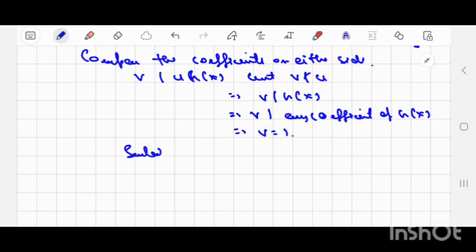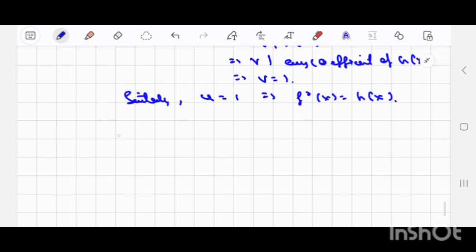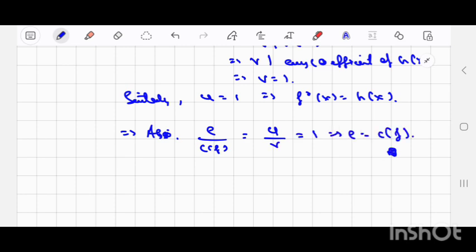And similarly, u must also divide the left hand side, so u must also be 1 by the same set of arguments. What do I conclude? I conclude immediately that firstly f star of x must be equal to h of x, right? Moreover, e upon the content of f is equal to u by v, which is 1, which implies e is equal to the content of f. Therefore, the factorization is unique.